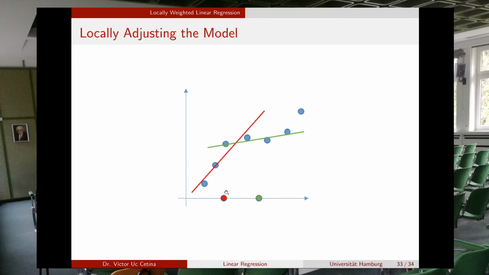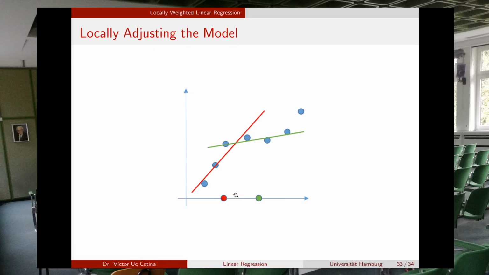And if we were going to predict the value of this red point, again we will adjust our model more, considering the points closer to our red point, and maybe we'll get this straight line here. And we don't care about the prediction of this and this, because they are far away from the point that we want to evaluate.